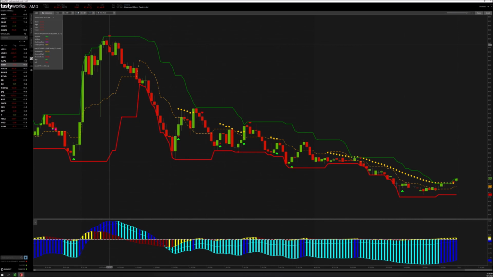But if you are able to get a Tastyworks account and you could use just his signal and execute on TOS or execute on Webull or Robinhood or whatever other platform that you use, but still have access to his indicator, why not get it for free? You know what I'm saying?